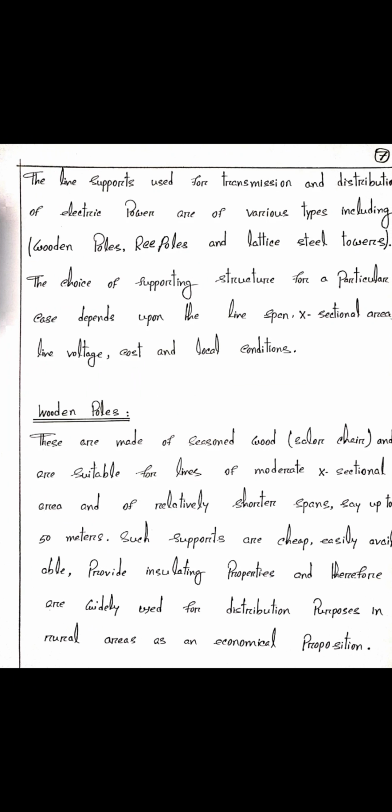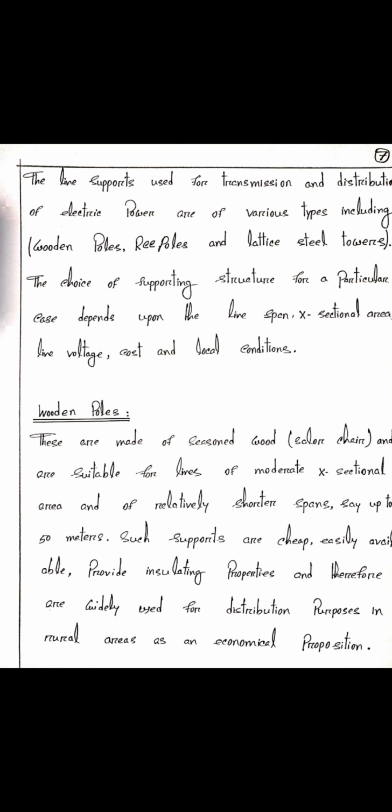The line supports used for transmission and distribution of electric power are of various types including wooden poles, RCC poles, steel poles and lattice steel towers. The choice of supporting structure for a particular case depends upon the line span, cross-sectional area, line voltage, cost and local conditions. Wooden pole.